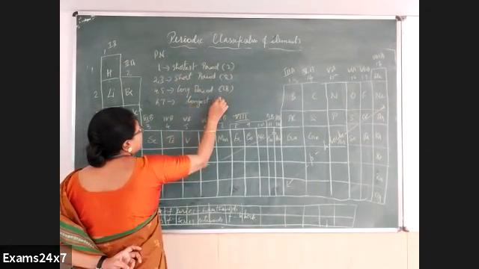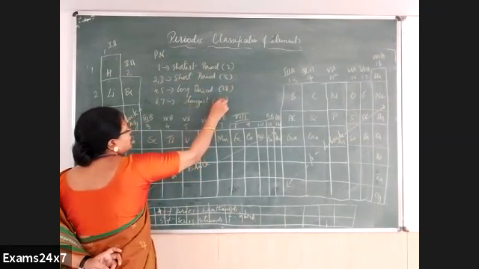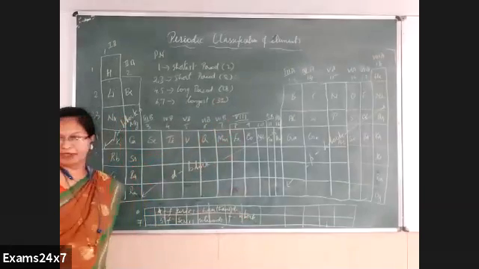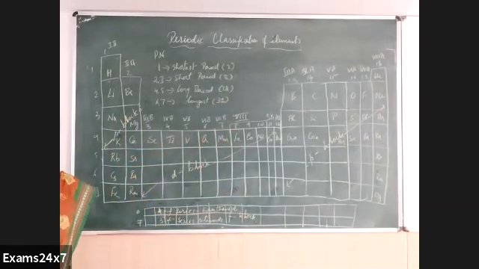They have how many? 14 elements from the F block are added, making 32 elements in total.